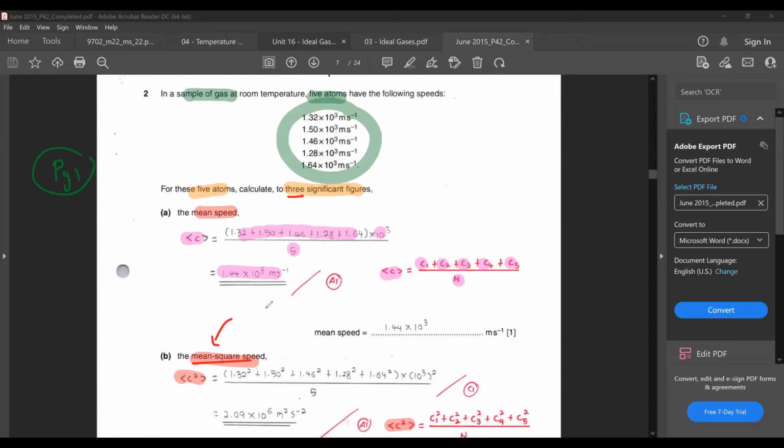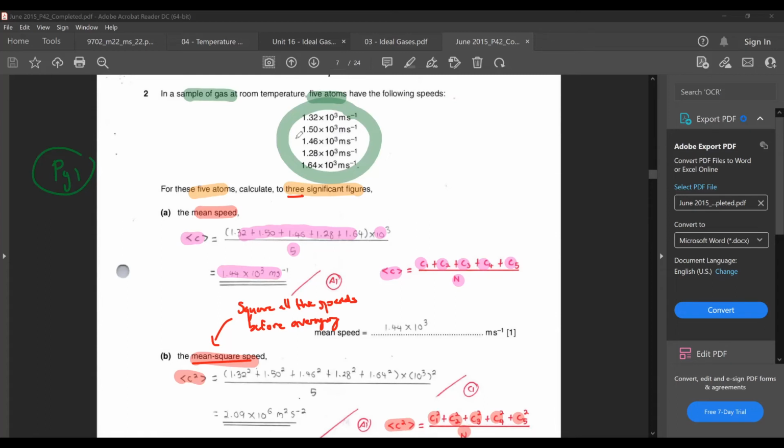What you will need to do is you square all the speeds before averaging, which is actually what you're doing here: C1 square plus C2 square, plus C3 square plus C4 square plus C5 square, then divided by the number.